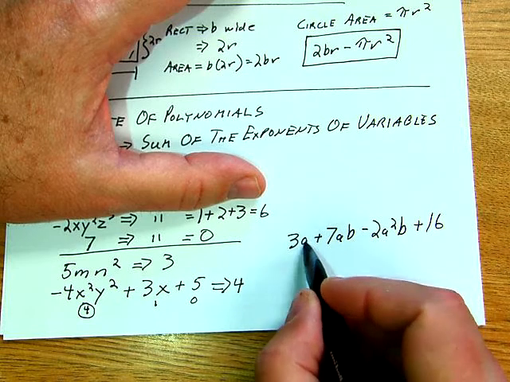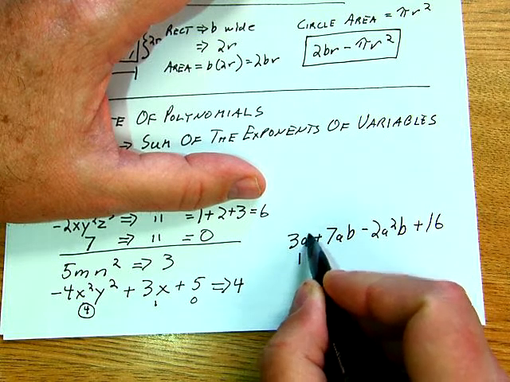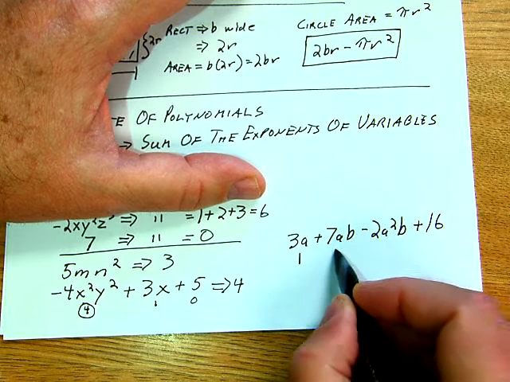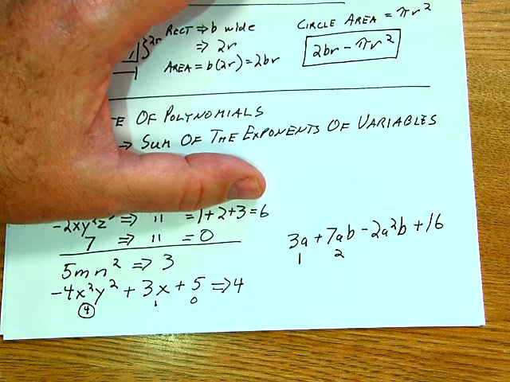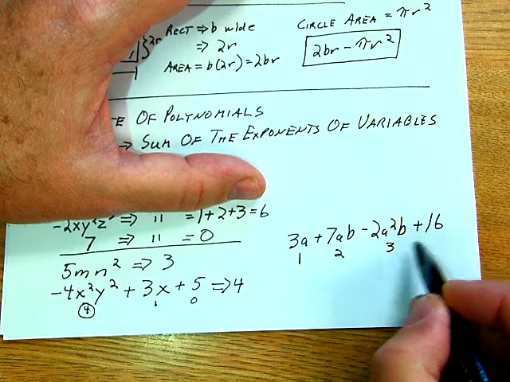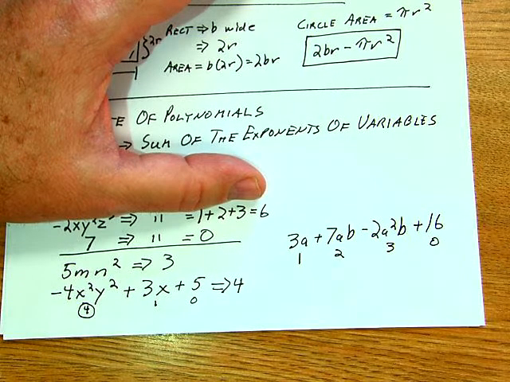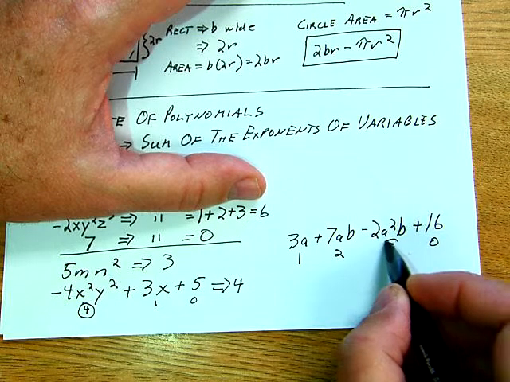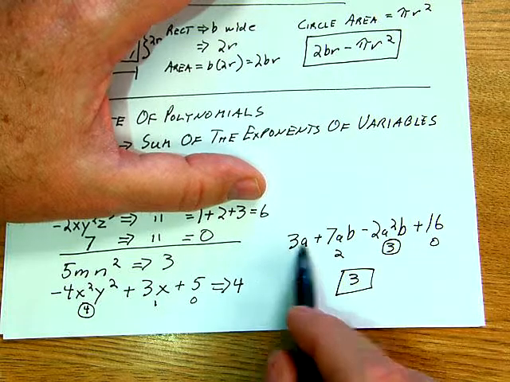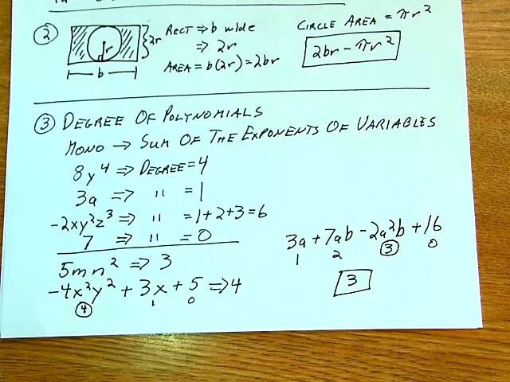The first one, the degree is 1. Exponent of a is 1. Exponent of b is 1. So that is 2 degrees for that monomial. This one, 2 plus 1 is 3. And this one, a number, has no variable, so it has a degree of 0. So there's your highest one. So the degree of this polynomial is 3.